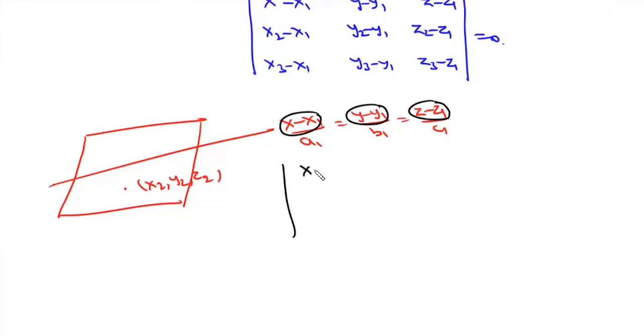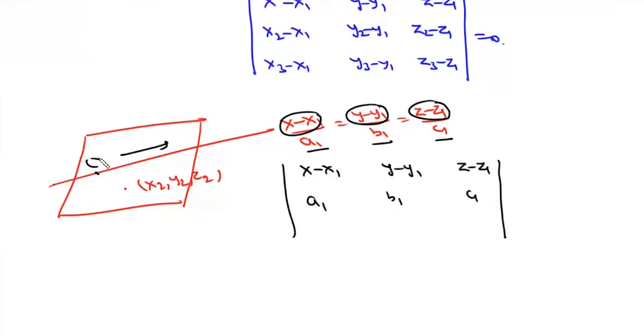So it will be x minus x1, y minus y1, z minus z1, and then we have this one vector, which is a1, b1, c1. Now we need one more vector in this plane, and we'll get it from the two given points. This is x1, y1, z1, and this is x2, y2, z2. So the direction ratios will be x2 minus x1, y2 minus y1, and z2 minus z1. And if we put it equal to 0, we'll get the equation of this plane.